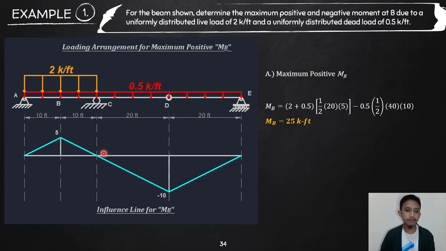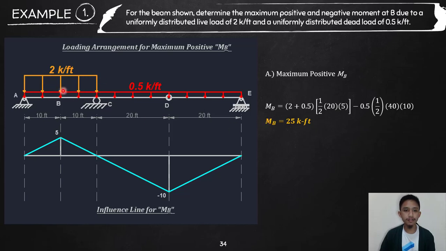So if that's the case, all we need to do is calculate the actual response, and since we are dealing with UDL, all you need to do is multiply the intensity of the UDL with the area under that loading. Let's start with the portion A to C. We have two UDLs, the dead load and the live load.